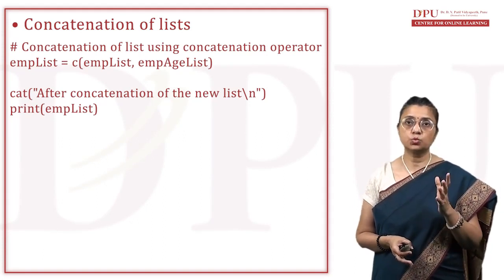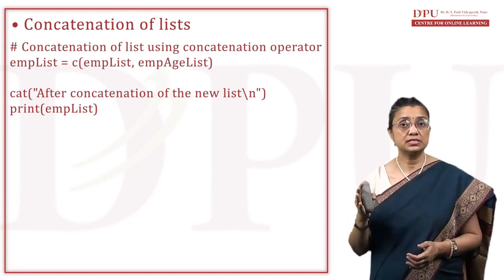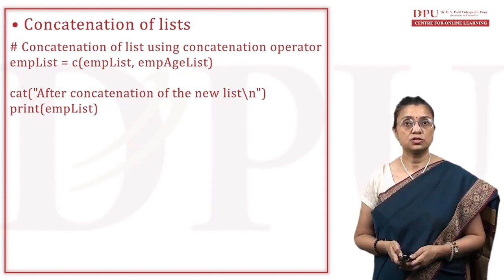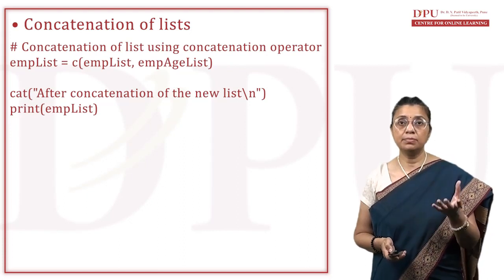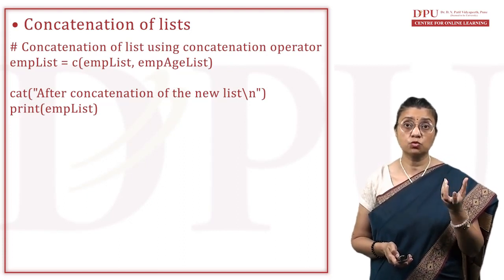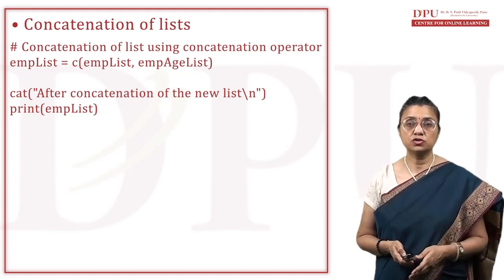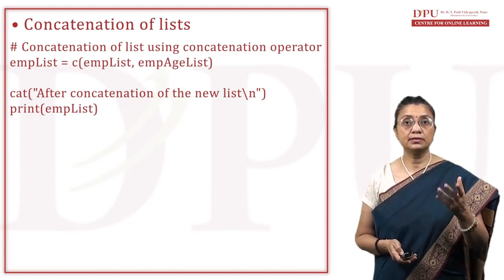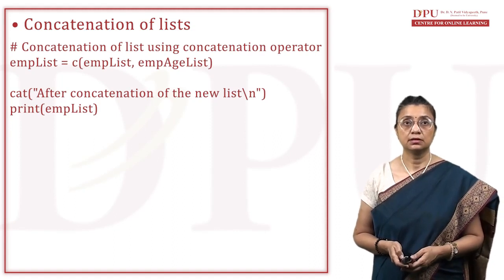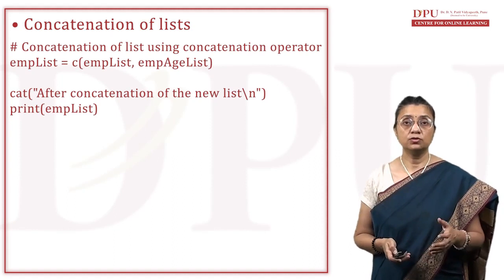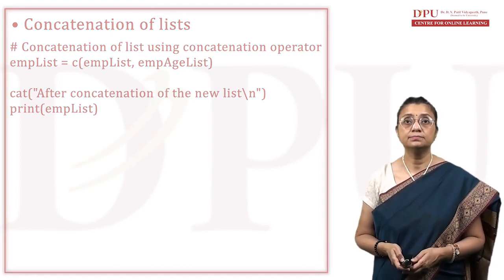The final result is stored into the emp list. So emp list is my final variable which is holding both the lists joined together. And after concatenation of the new list, we print the emp list on the screen. And you can see that we are concatenating the values.